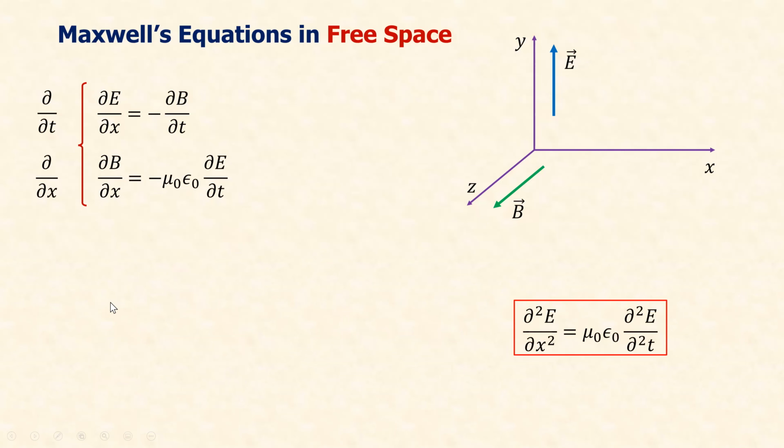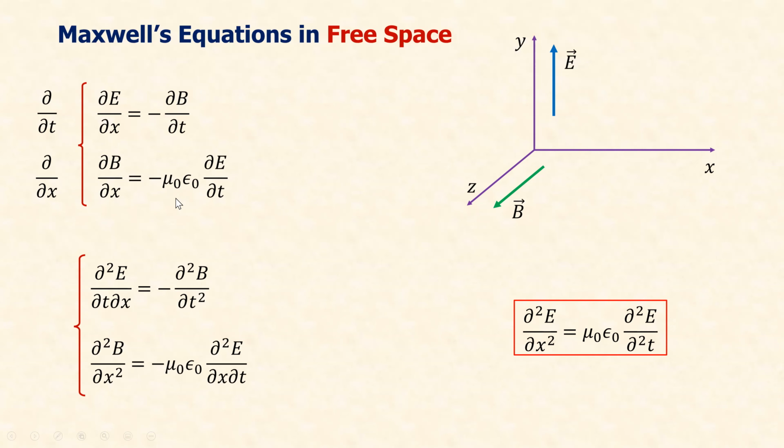And then this time, we take derivative of the first one with respect to T, but the second one with respect to X. If we do that, we get the second derivative of E with respect to T and X, and the other side becomes second derivative of B with respect to T only. And the second equation becomes second derivative of B with respect to X equal to negative mu naught epsilon naught, second derivative of E with respect to X and T. And again, you see that these two are the same.